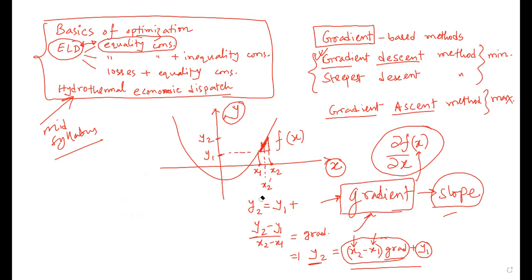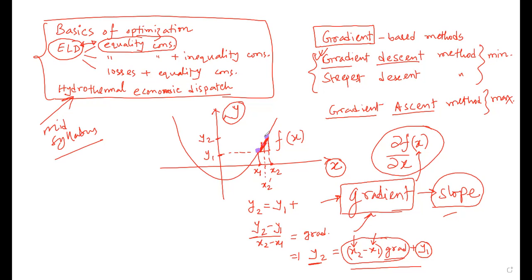Now, if we are interested, my movement along the curve will be in this direction, isn't it? If I say I'm moving from y1 to y2, I was at y1, I calculated the gradient at some arbitrary point x2 prime, and then I'm trying to go from y1 to y2.